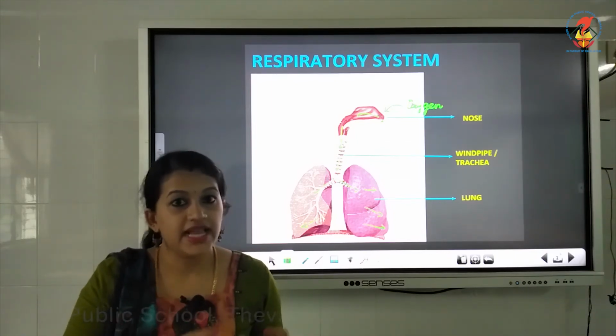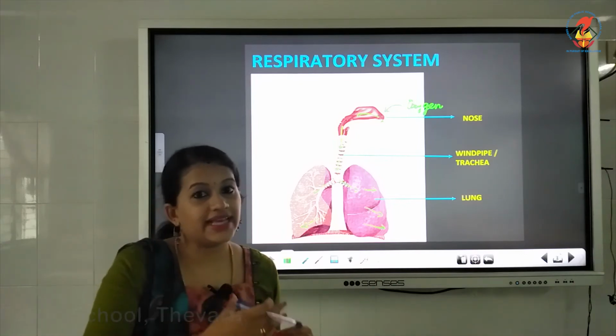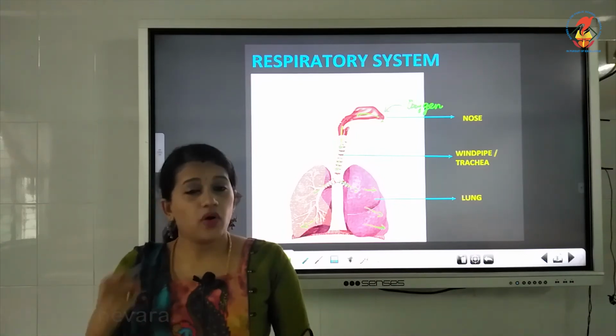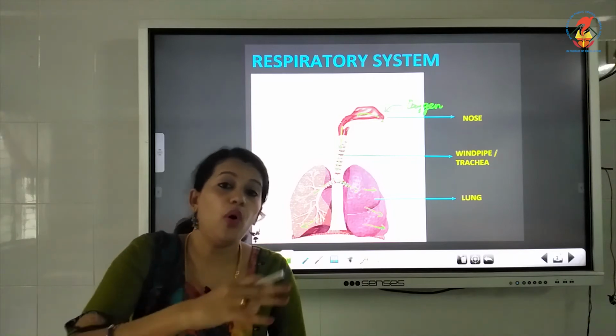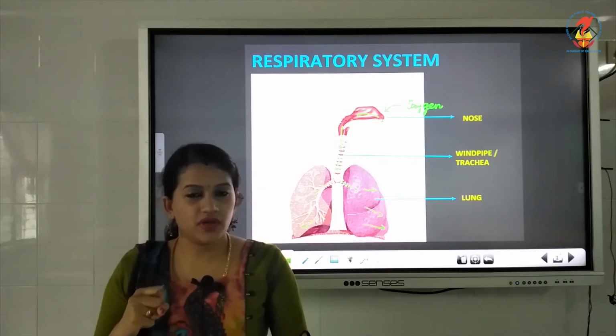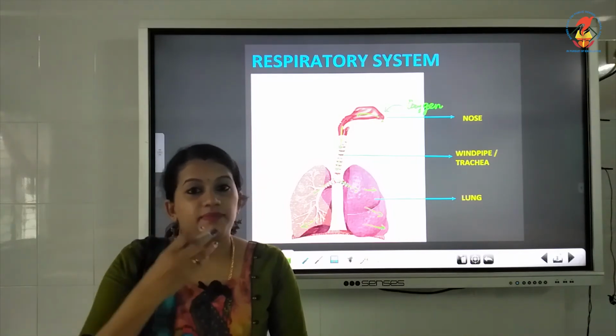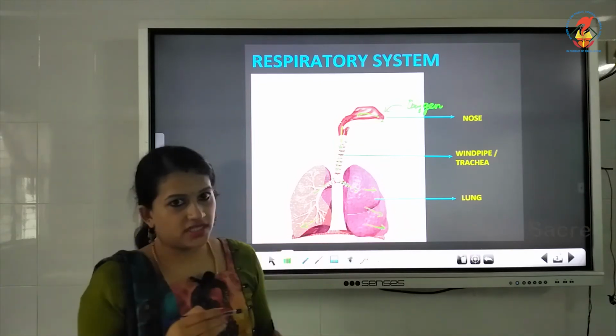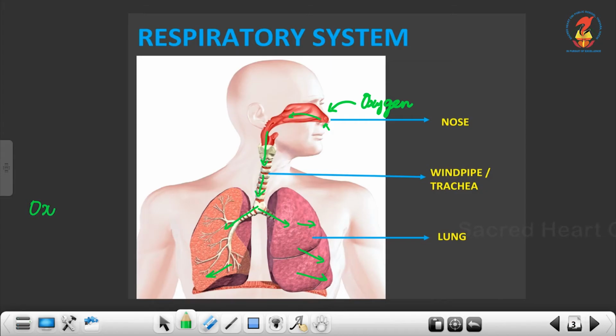The blood will carry the oxygen, and oxygen is important for all the cells in our body.